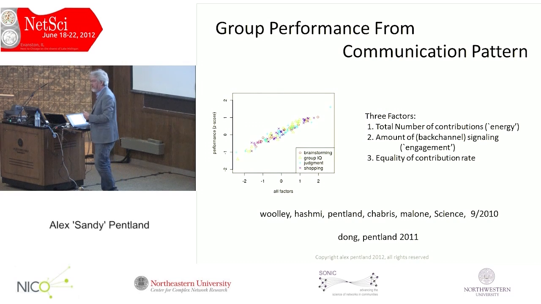And then the equality of contribution, you could make a linear predictor that accounted for 50% of the variance in the performance of these hundreds of groups. That means the pattern of communication accounts for more variance than everything else put together. So all that stuff you learned in school about debating strategies and all that, forget it. You can beat it by just looking at the pattern of communication. Of course, the strategies and social intelligence you learn in school are what determine the pattern of communication, so it's not completely anti-intuitive. But it's interesting that these patterns are so strong.